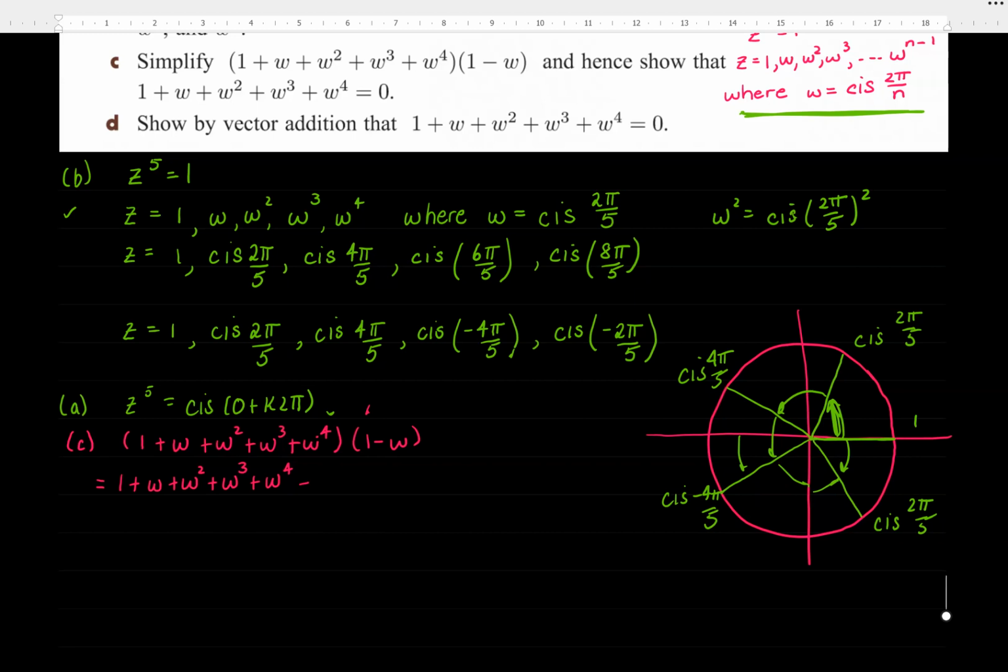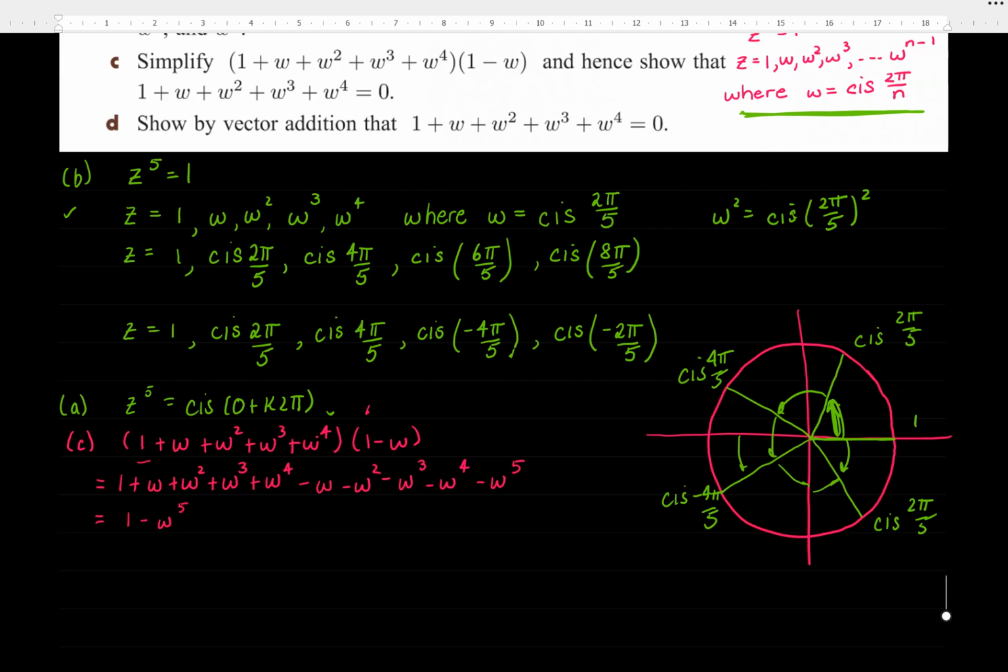Now we're timesing everything through by w, so 1 times w is w minus w squared minus w cubed minus w to the 4 minus w to the 5, and things are going to cancel, and we're going to be left with 1 minus w to the 5.